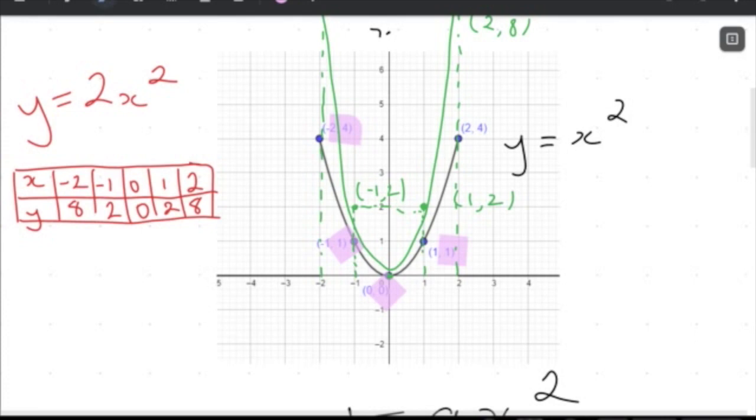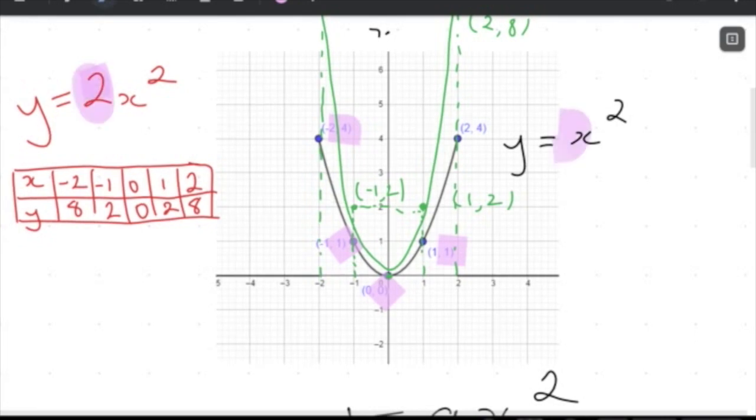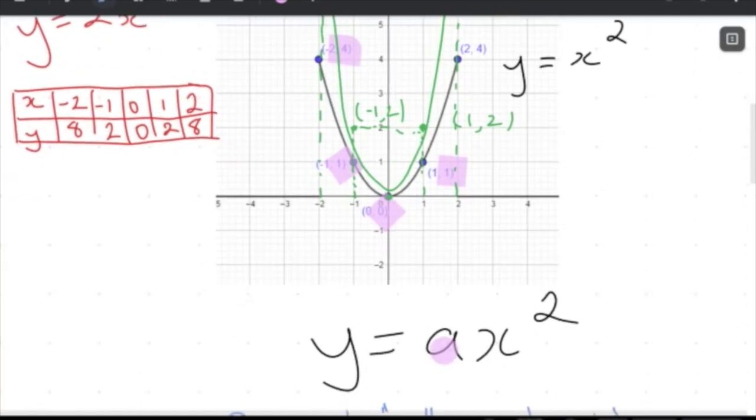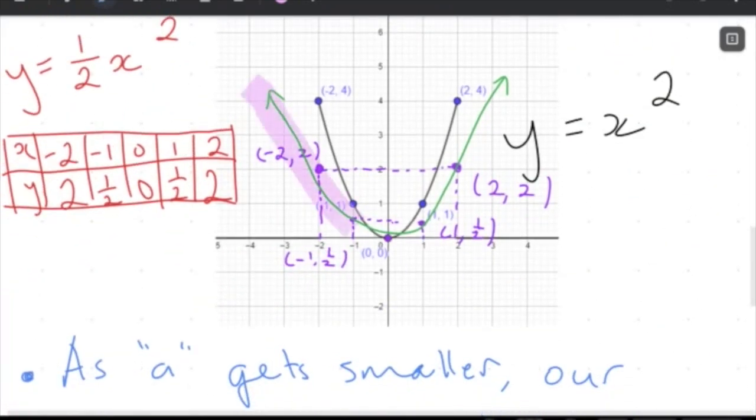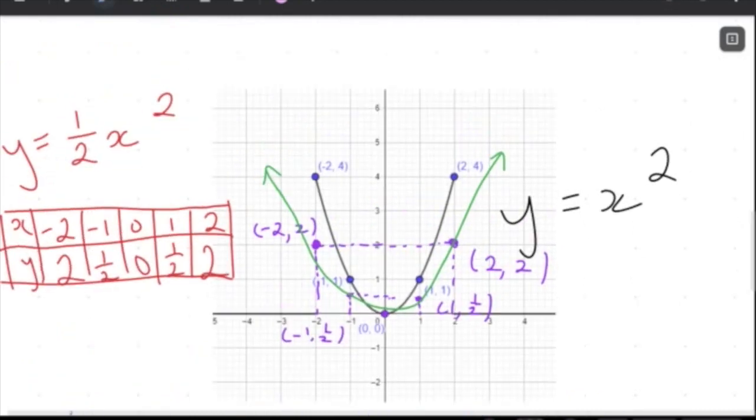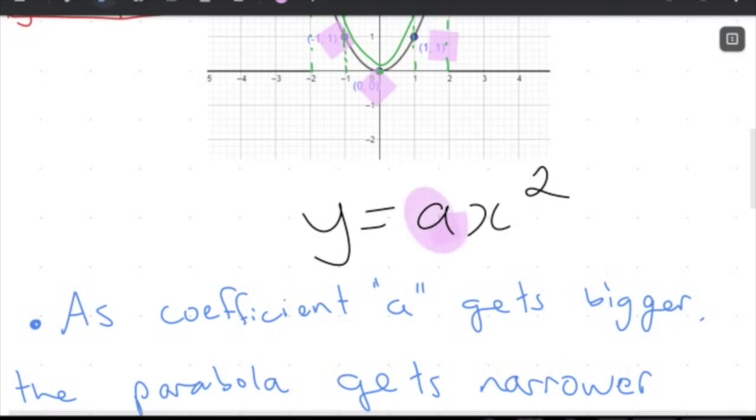As it gets bigger, so 2 compared to 1, my parabola gets narrower. As it gets smaller, my parabola gets wider. That is the effect of changing my pronumeral a.